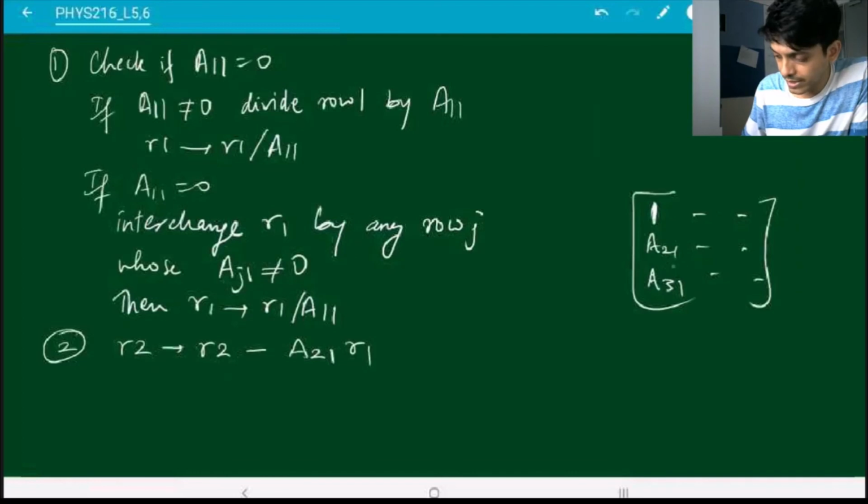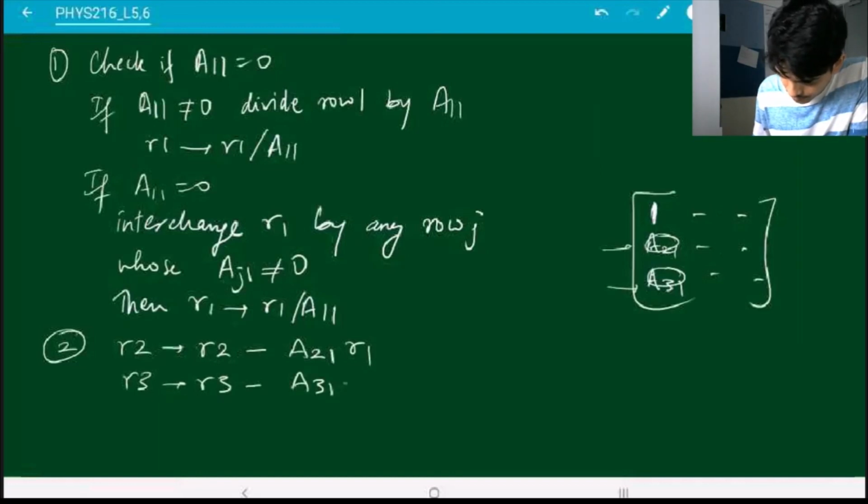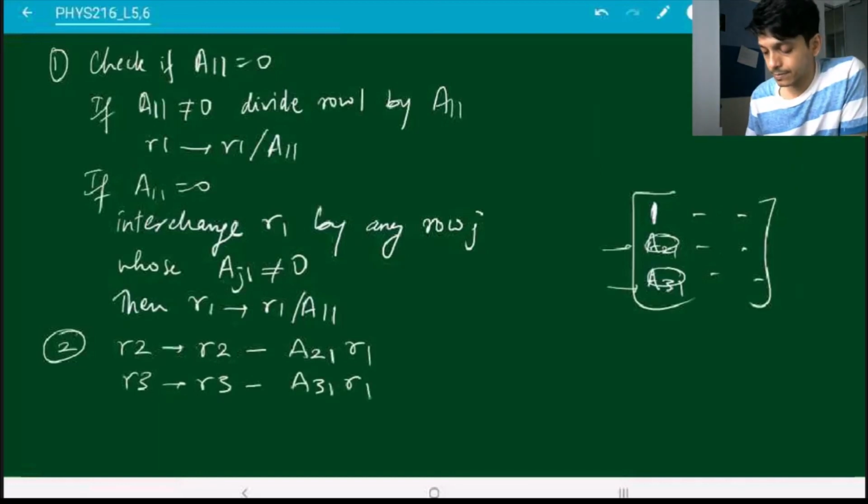You want to subtract from the second row A21 times the first one, so that this becomes 0. And from the third row you subtract A31 times the first row, so that this becomes 0. Excellent.